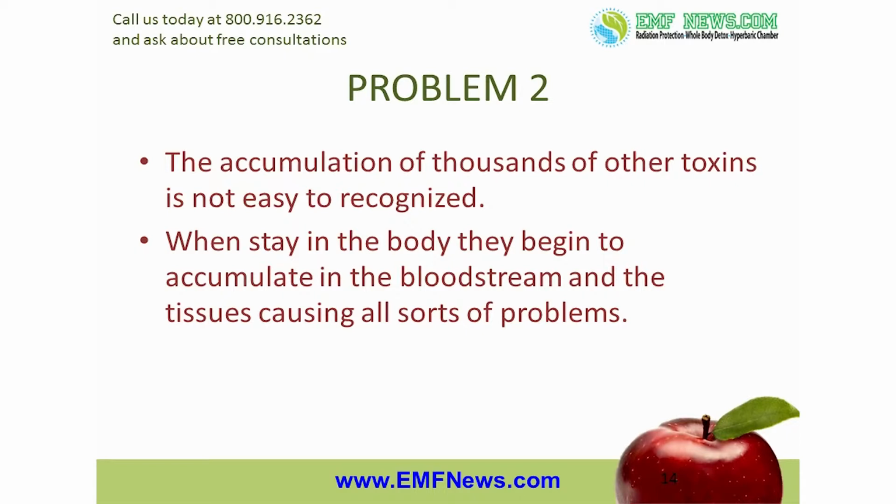When gallstones and biliary sludge prevent these toxins from leaving the body, they begin to accumulate in the bloodstream and the tissues, causing all sorts of problems. Dissolving gallstones and biliary sludge is an often overlooked but vitally important part of any detoxification program.